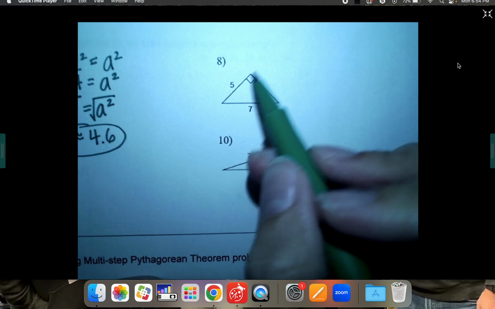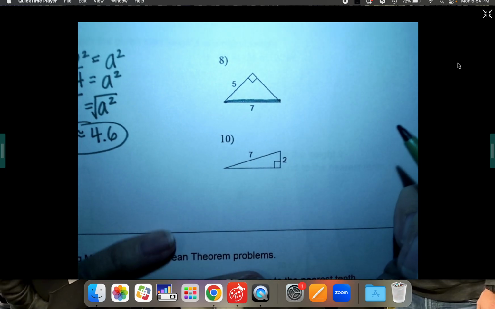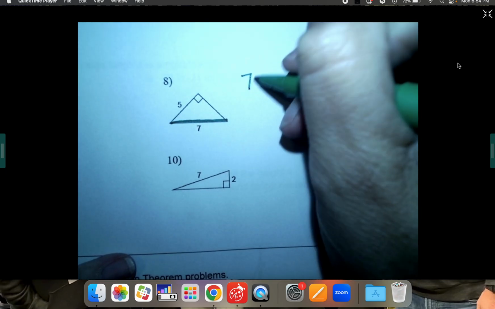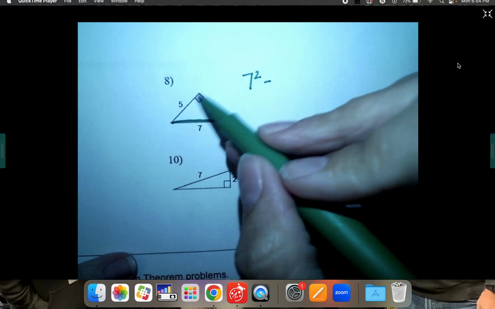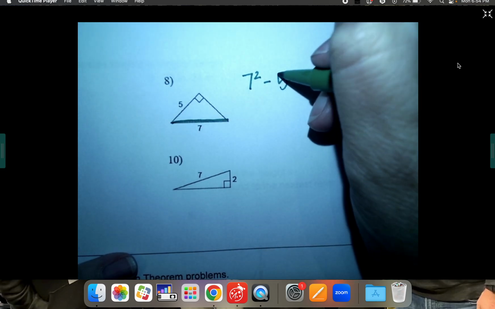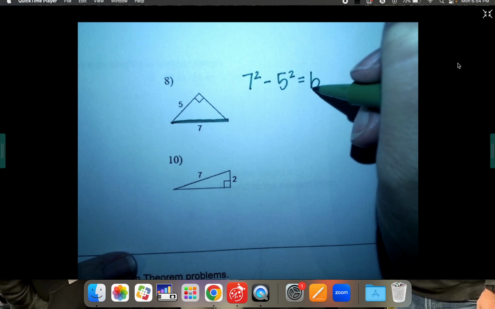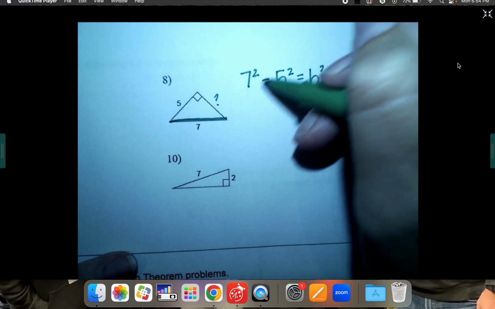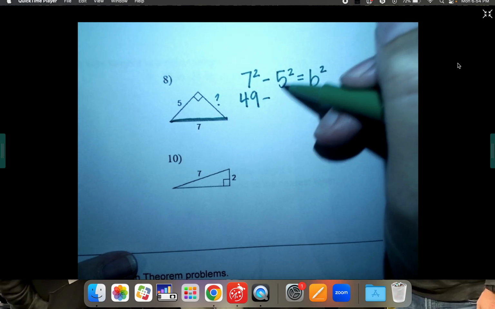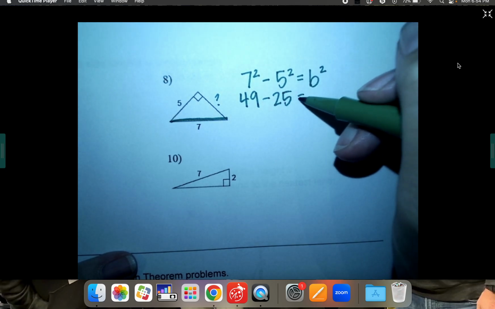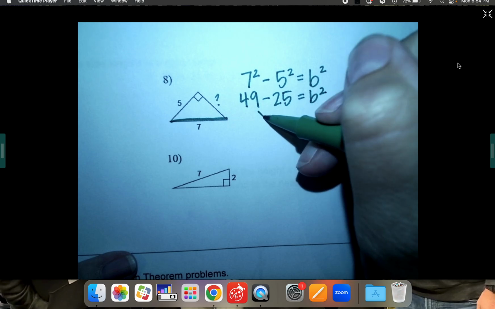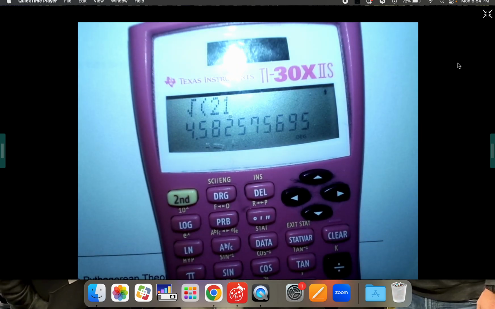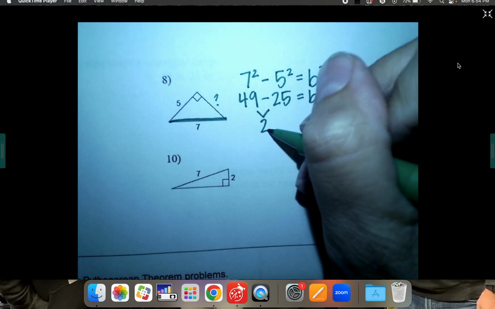Okay, number 8, the longest leg, the hypotenuse, is 7. So I'm going to take 7 squared and I'm going to subtract the other leg that I know, which is 5 squared, to get my missing leg length over there. So 7 squared is 49. 5 squared is 25. If you take 49 and subtract 25, you get 24.